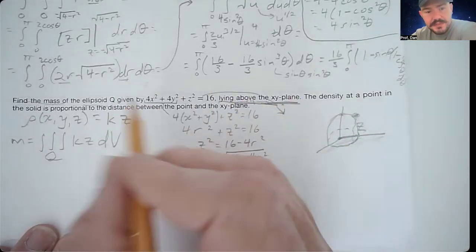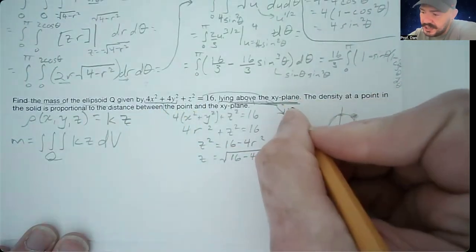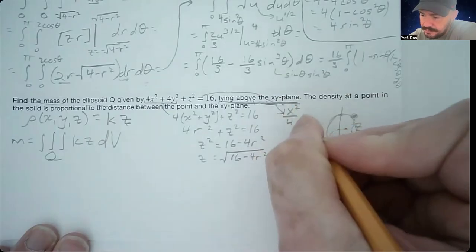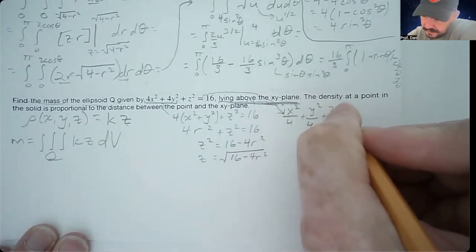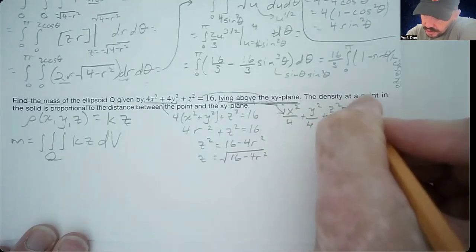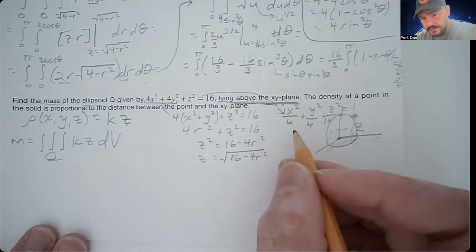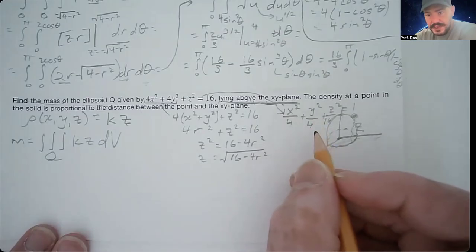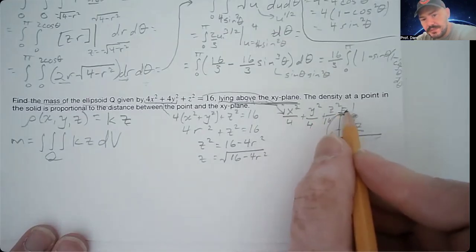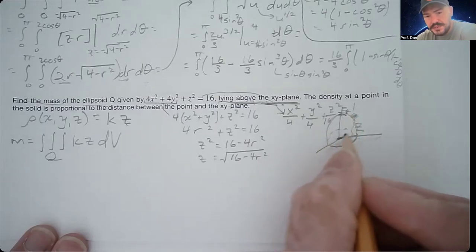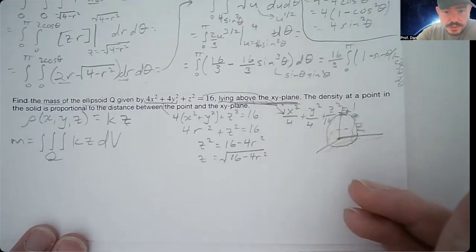So if I divide every term in the equation for the ellipsoid by 16, I end up getting my standard form, which tells me that in the x direction, the radius is 2, the square root of 4. In the y direction, the radius is 2, and in the z direction, the radius is 4, right? So the z coordinate at the top would be 4, and then the x and y coordinates would respectively go out to positive and negative 2.